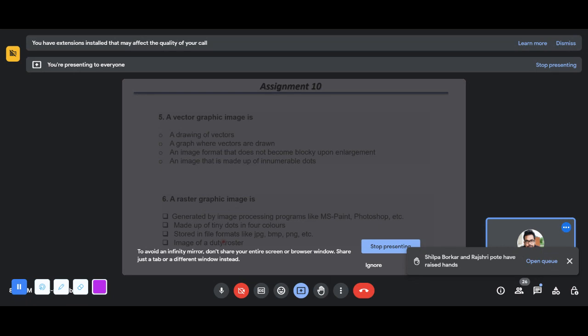Okay, now the next question is about vector graphic images and raster graphic images. A vector graphic image is an image format that does not become blocky on enlargement. However you enlarge or compress that image, it should not pixelate. A raster graphic image is generated by image processing programs like MS Paint, Photoshop, etc., made by tiny dots, and stored in file formats like JPG, BMP, PNG, JPEG, and TIFF.